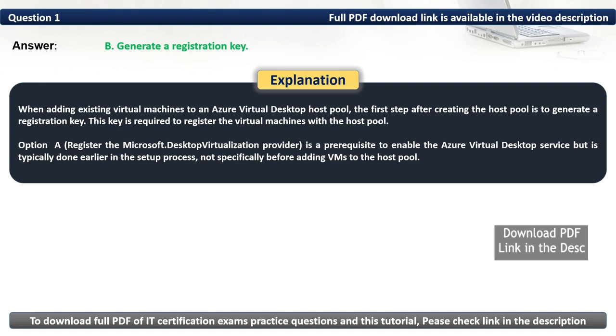This key is required to register the virtual machines with the host pool. Option A is a prerequisite to enable the Azure Virtual Desktop service, but is typically done earlier in the setup process, not specifically before adding virtual machines to the host pool.